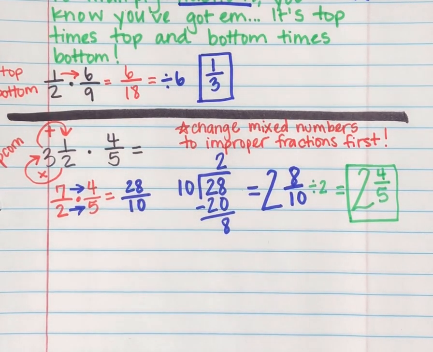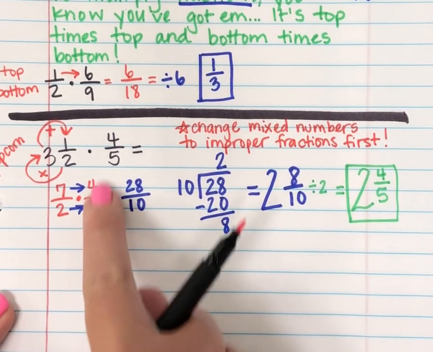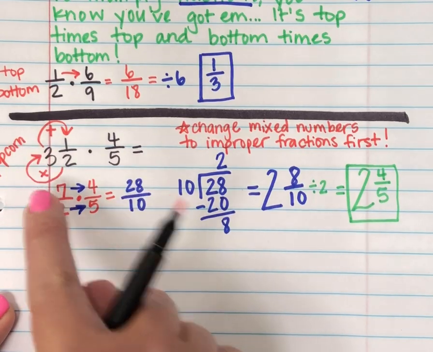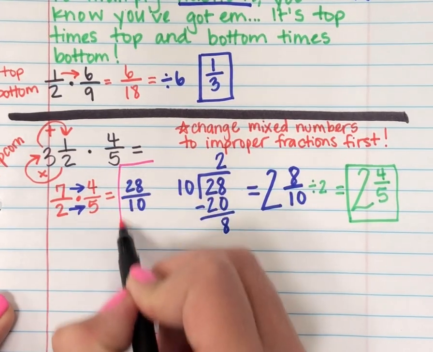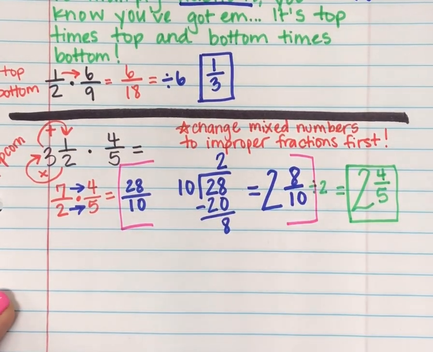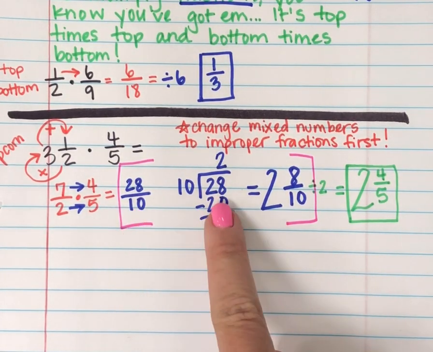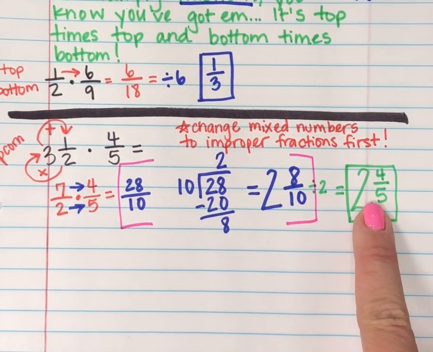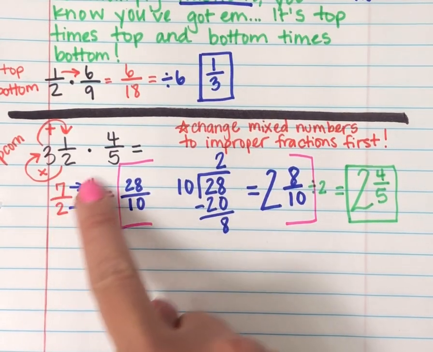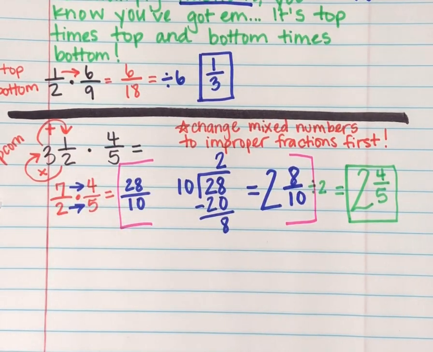Let's talk about expectations for just a second, because in 7th grade, the thing that students have the most difficulty with isn't this part, it's this part. When we talk about simplifying fractions, really simplifying them, changing them from improper to mixed, and then simplifying them all the way down, students don't struggle with this part. They don't struggle with the top times top and bottom times bottom.